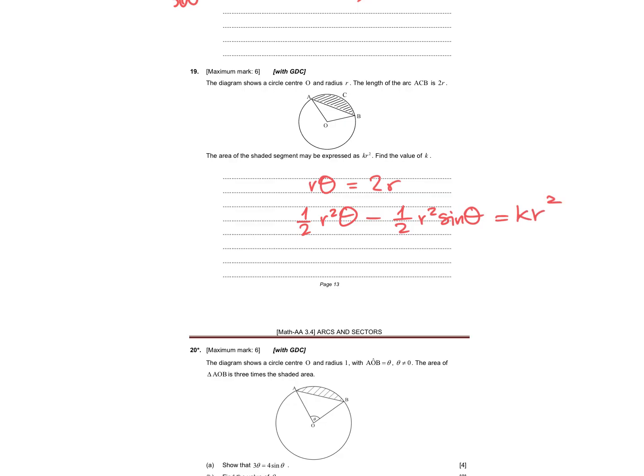So, okay, this is not bad at all, because if we divide by r here, we get theta's 2. We can also cancel the r squareds, because everything has an r squared. And we'll have 1/2 times theta, which is 2, minus 1/2 sine theta, which is 2, and that's equal to k. So this is 1 minus 1/2 sine 2 equals k.